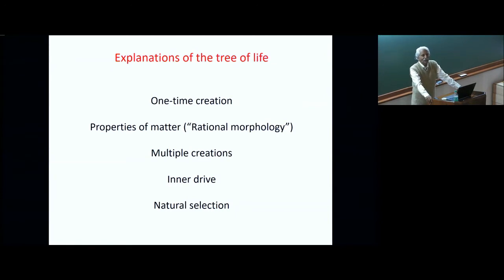Inner drive essentially refers to a notion propagated by Lamarck that animals, and less so plants, try to improve themselves in some way, and in the course of this improvement they change.